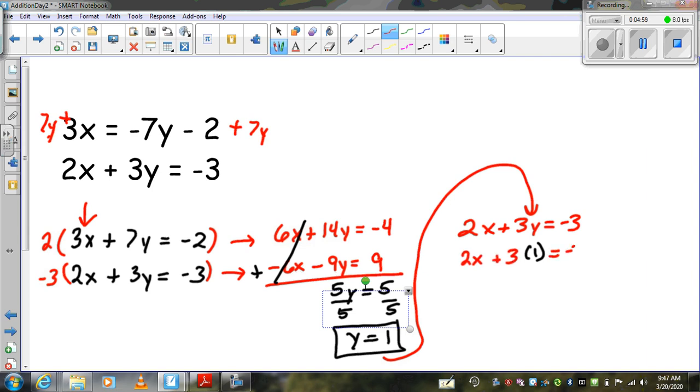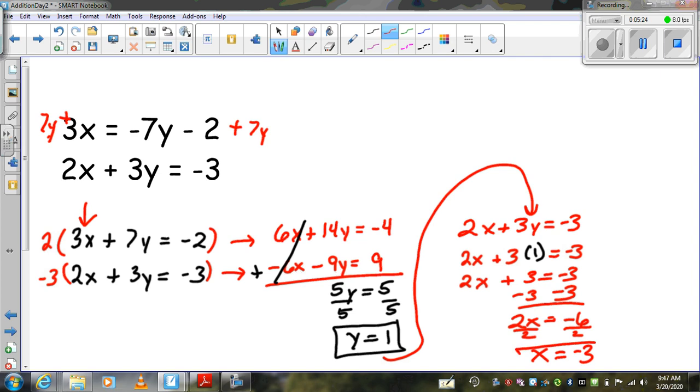For those of you who don't know what ESA is, it's when you write the equation, then you substitute in, and then you do your answer. So I get 2x is equal to negative 6, which means x is equal to negative 3. And there we go.